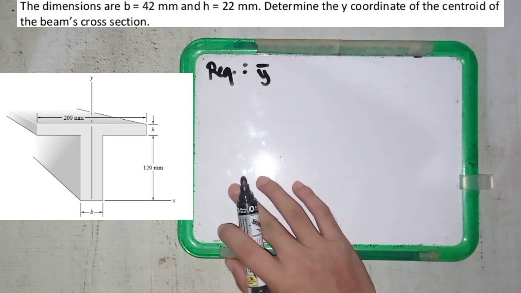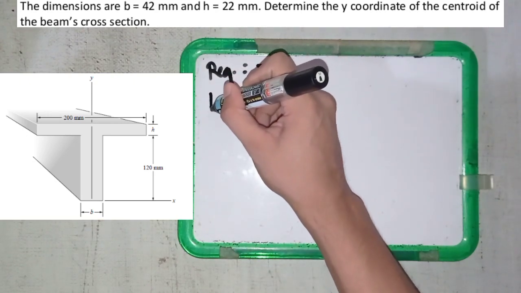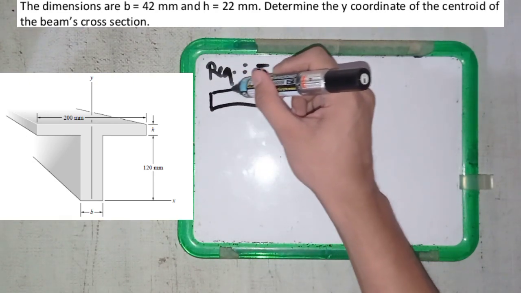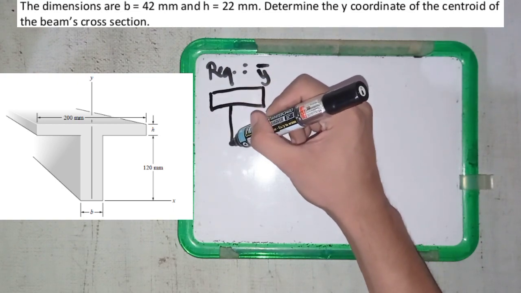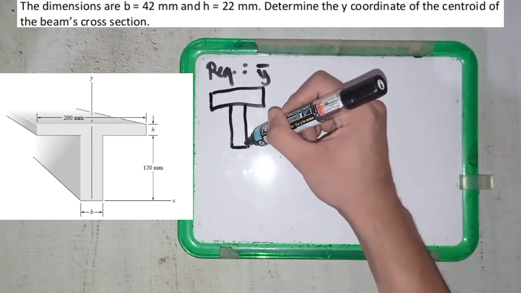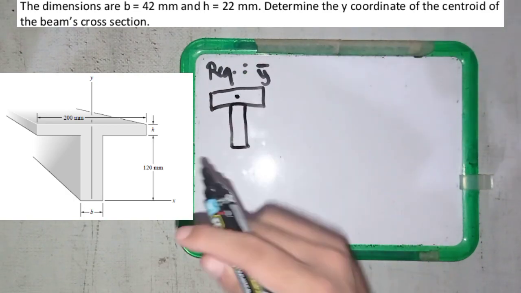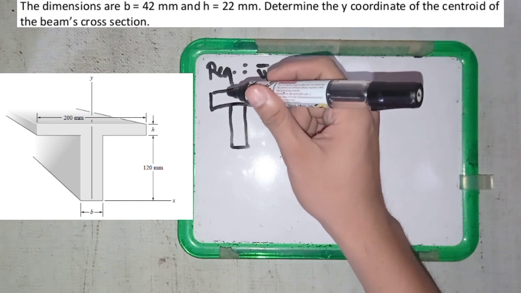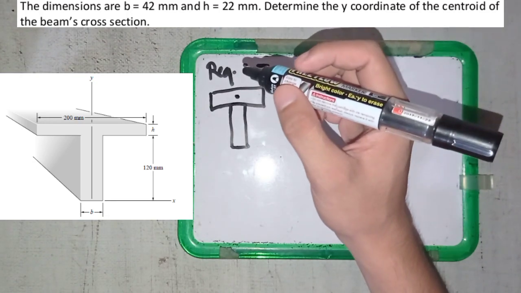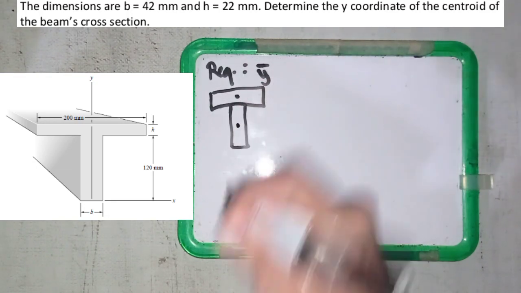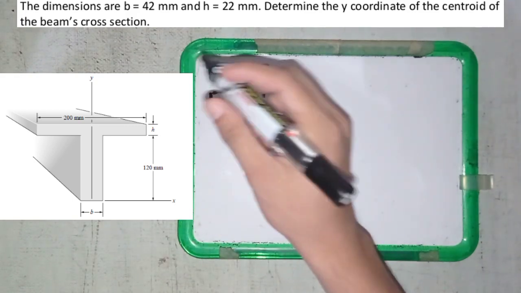So first, to solve this, we can create composite shapes of the beam like this. I'm sorry for my drawing. We can locate the centroids of each rectangular composite shape.